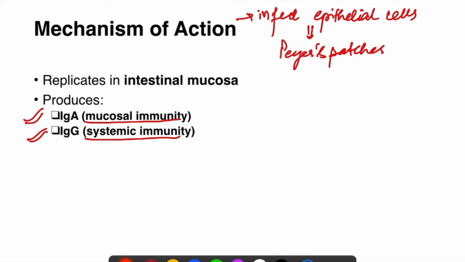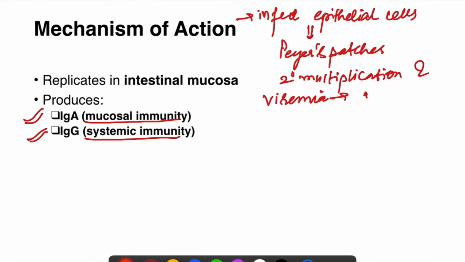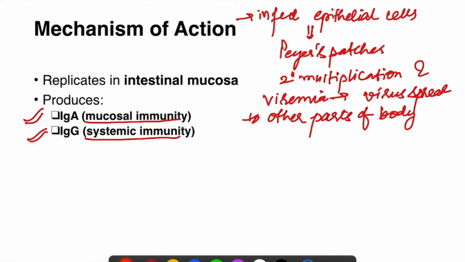Due to this viremia and secondary multiplication, the virus is spread to other parts of the body, and that results in the production of circulating antibody.